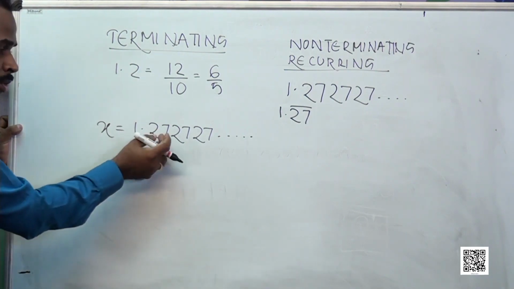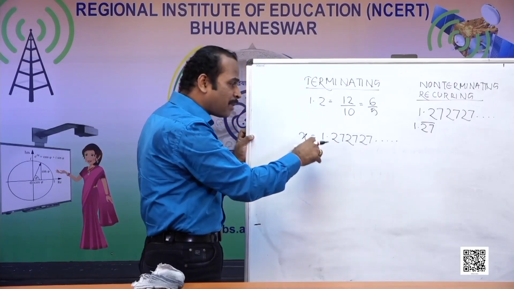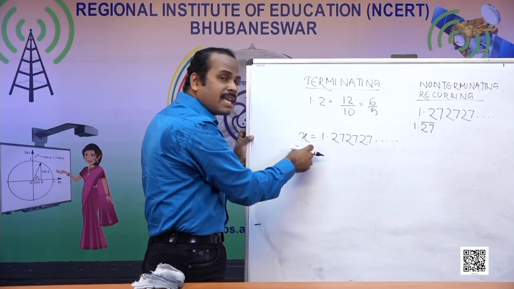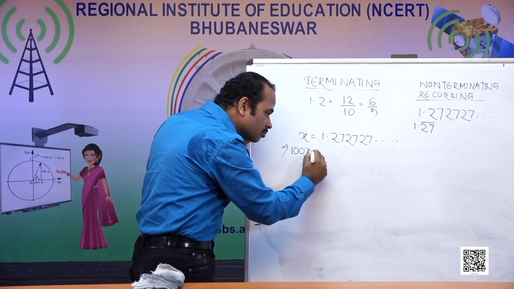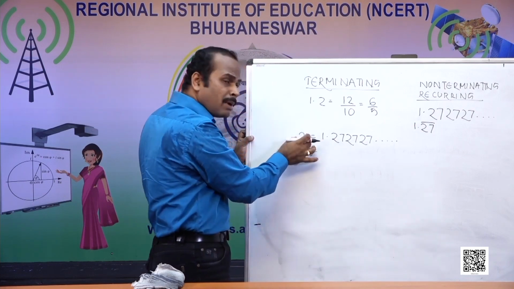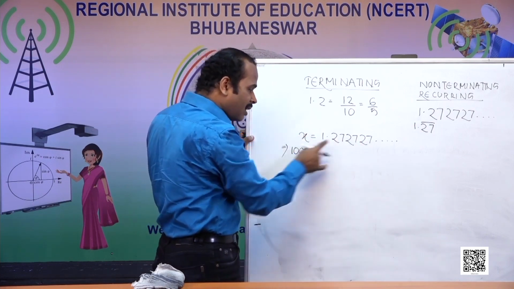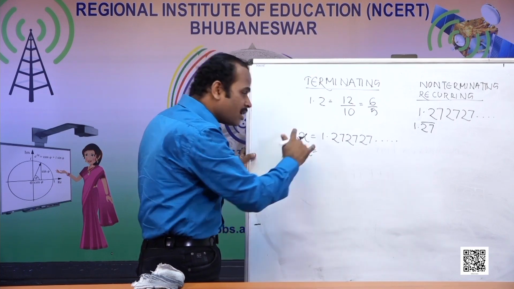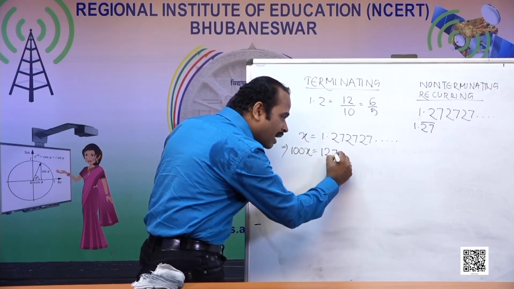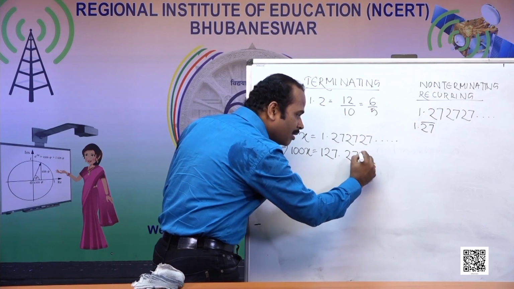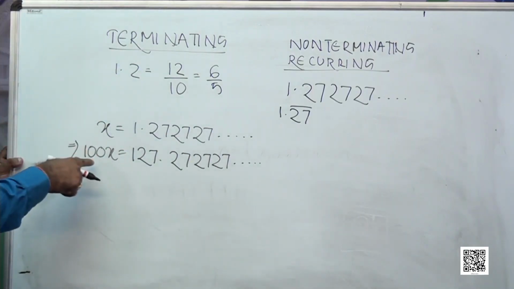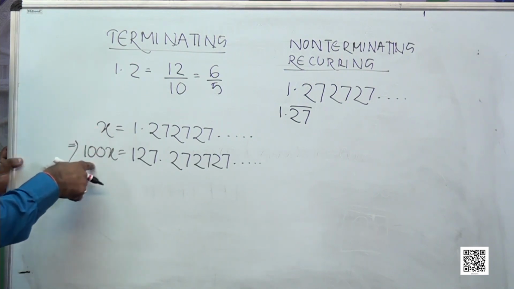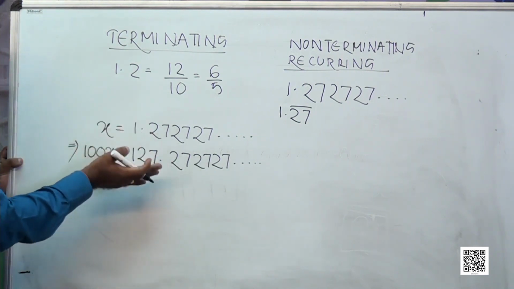So to bring these 2 digits to the left-hand side, I have to multiply x by 100. So I can write 100x, if I multiply x equal to 1.27 bar by 100, I will find it is 127.27 and so on. Now if I compare x and 100x, the after-decimal portions of both numbers are equal.